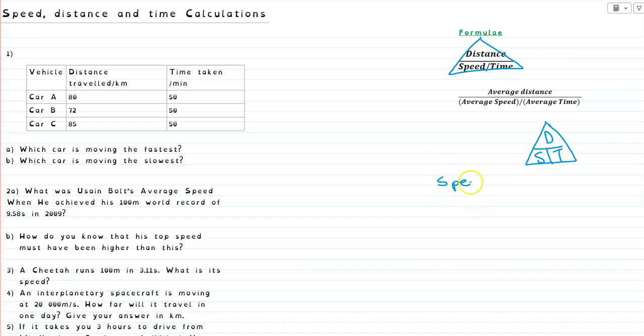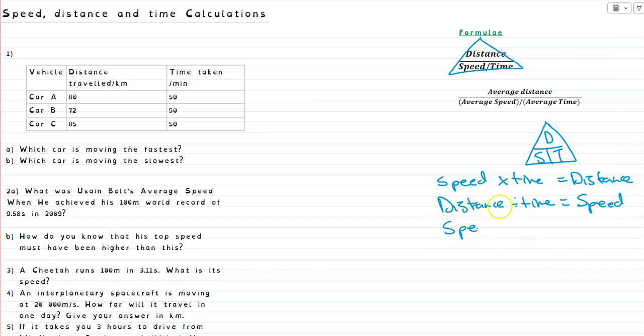Which means speed times time equals distance. And time equals distance divided by speed.